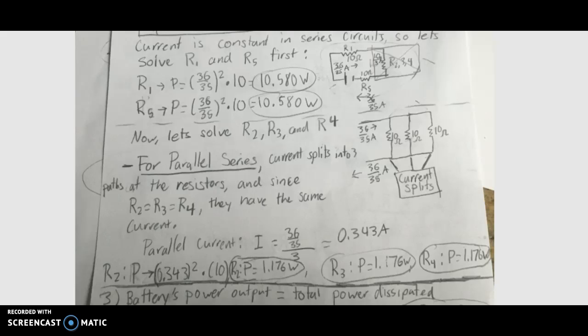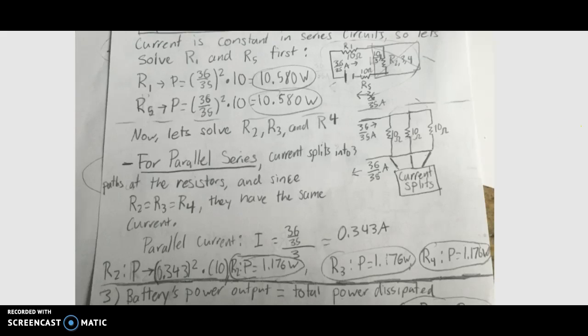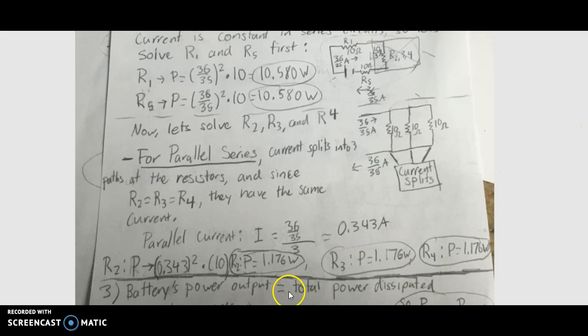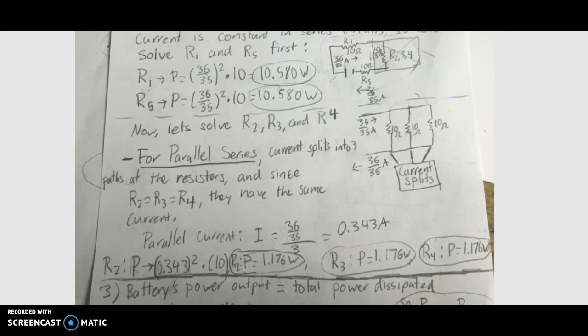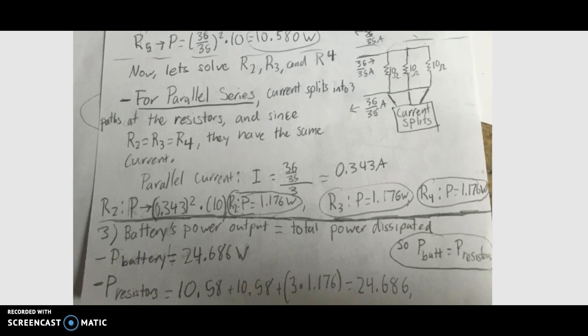So the power for R2, R3, and R4 is going to be the same. We're going to have 0.343 squared times 10, which is equal to 1.176 watts. So for R2, R3, and R4, we are left with 1.176 watts dissipated by each resistor.